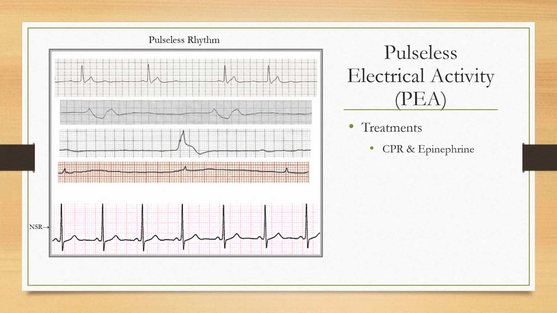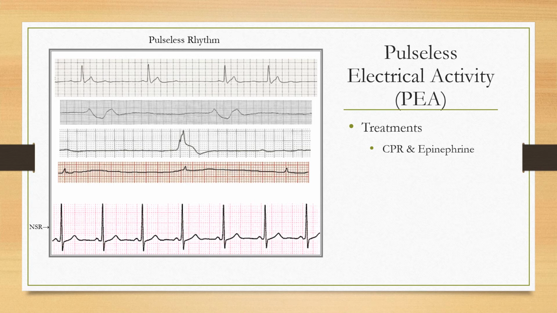There are some reversible causes of pulseless electrical activity. I'm not going to get into them now, but I'm just going to give you one example. Cardiac tamponade, where the heart is being compressed by fluid in the pericardial space, and the chambers can't fill with blood. There's no cardiac output, but the electrical system is still working in the heart.